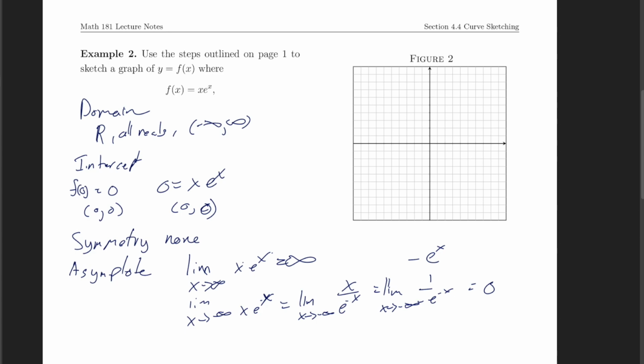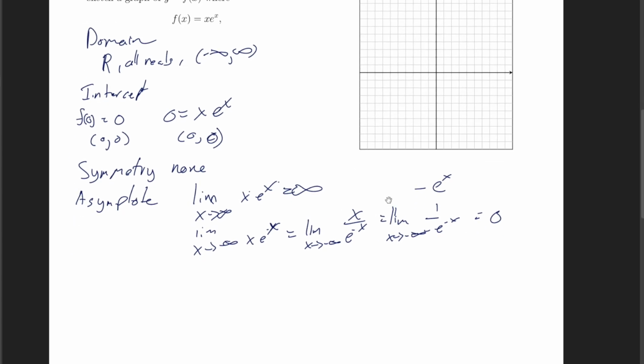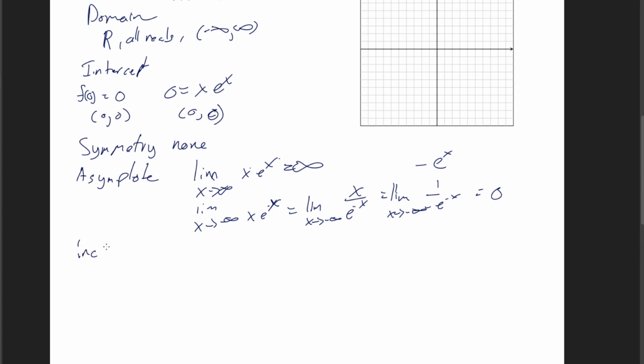Alright, so let's find intervals of increasing and decreasing. So we find f prime of x. f prime of x is equal to x e to the x plus 1 e to the x, or in other words, (x plus 1) e to the x.